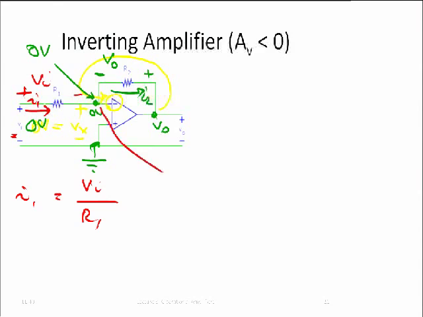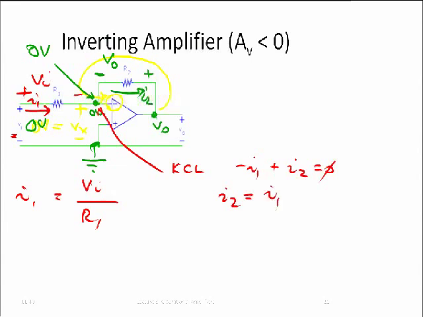Okay? So now we have one more thing. Here we have a node. We can apply KCL to this node, right? Into that node we have flowing current I1, so that's minus I1. Out of the node is flowing current I2. And what current is flowing into the operational amplifier? 0, right? So I2 is equal to I1. Okay?